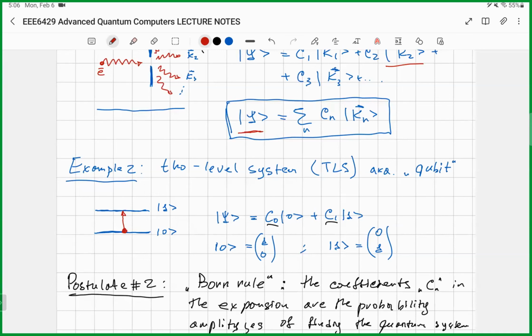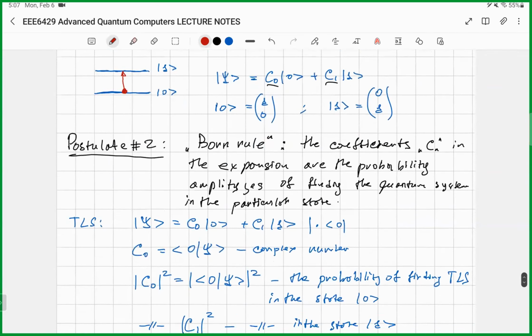If this is the state of an atom, then this state consists of all possible steady states or energy states in this atom. And if this is the psi of a quantum computer, then this state includes all possible quantum states of a quantum computer, etc.